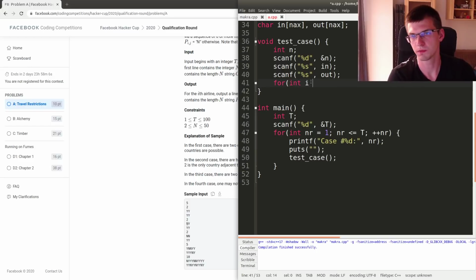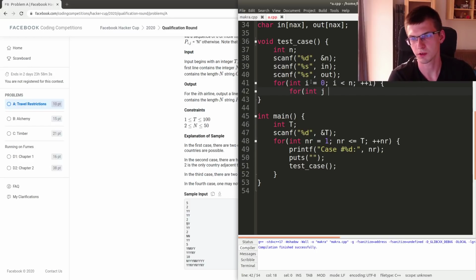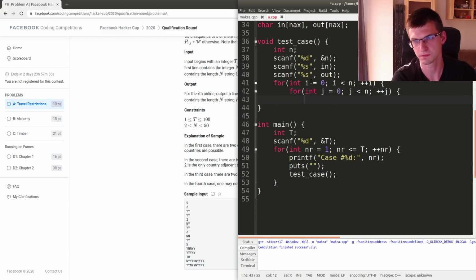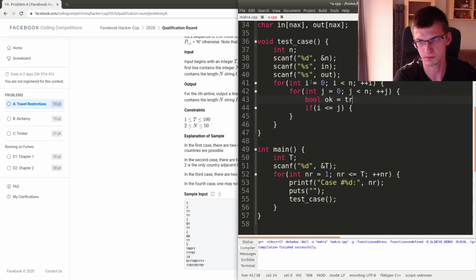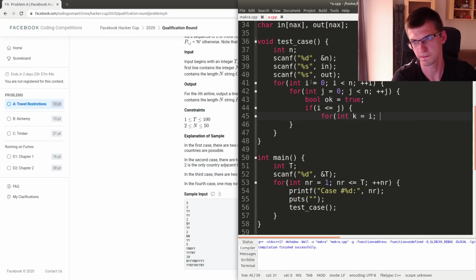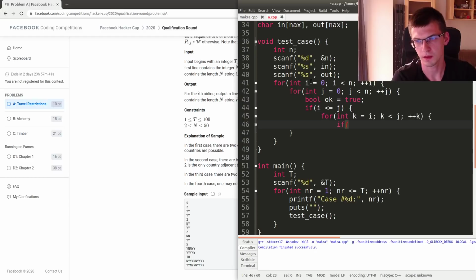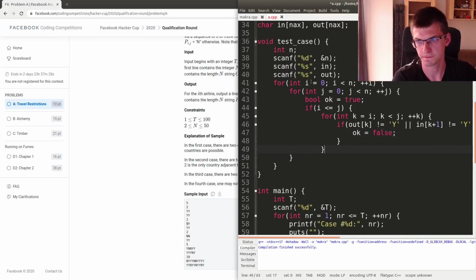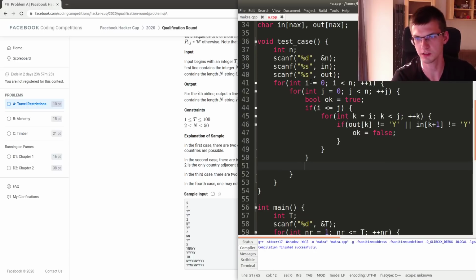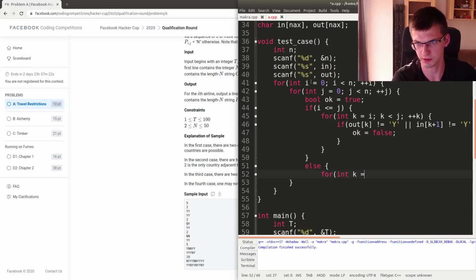From every city to every other city. If out of k is not this, or in of k plus 1 is not that, then I go to the right, or otherwise I need to go to the left.